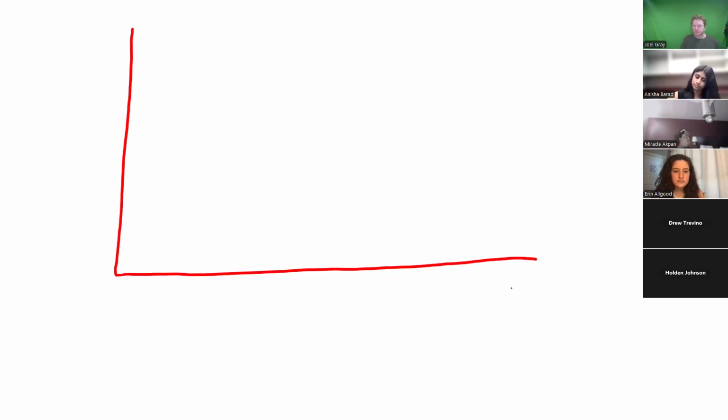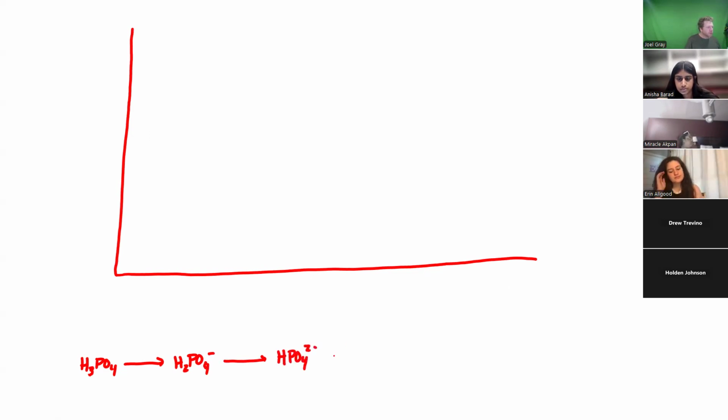There we go. So got a titration curve. It's a y-axis. There's my x-axis. My different forms of my molecule. H3PO4. Then I've got H2PO4 minus. Then I've got HPO4 2 minus.